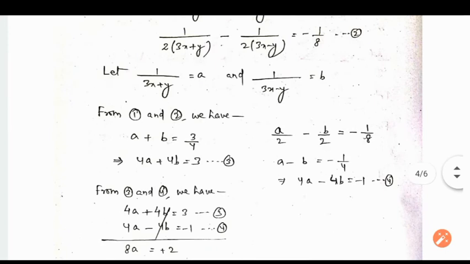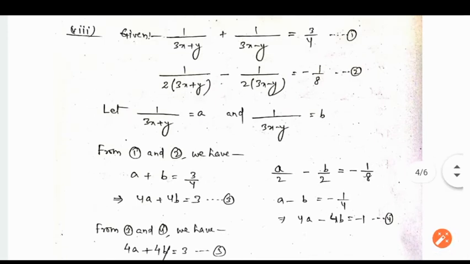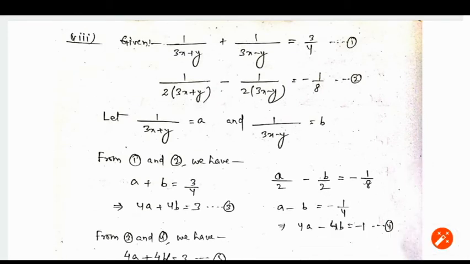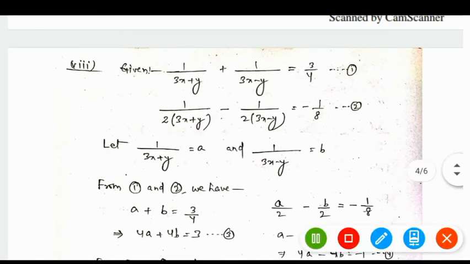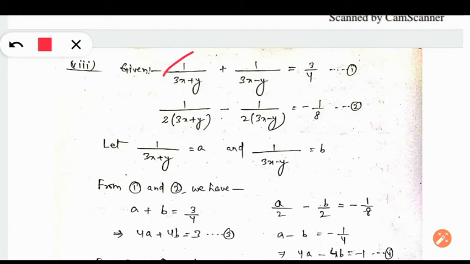See, from 1 and 2 we have this. This full term is a now. So it will become a plus b is equal to 3 by 4. Similarly, here we have 2, so it will become a by 2, right?